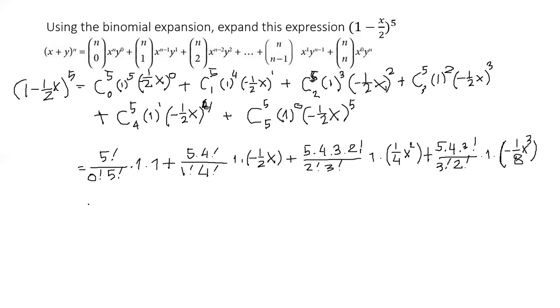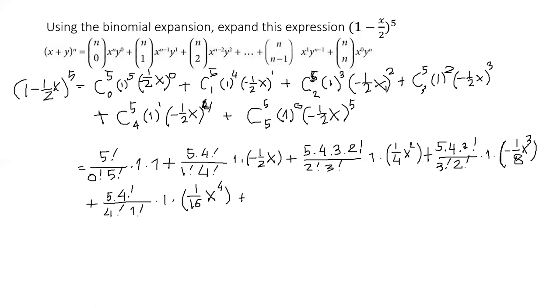Okay, plus 5 times 4 factorial divided by 4 factorial times 1 factorial. Why 1? Because 5 minus 4. 1 power 1 equals 1, times negative a half x power 4 equals 1 over 16 x power 4.